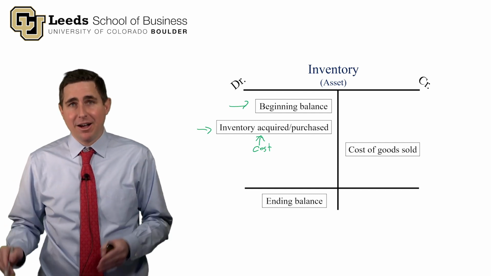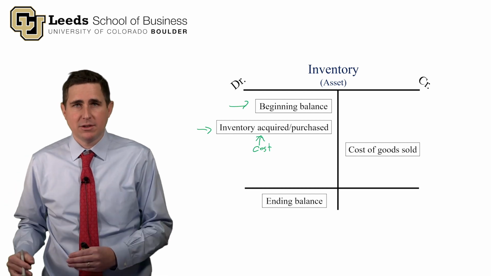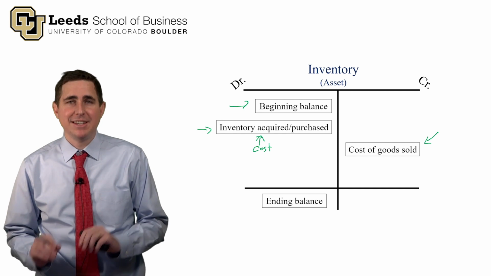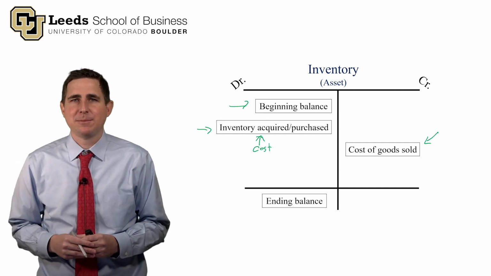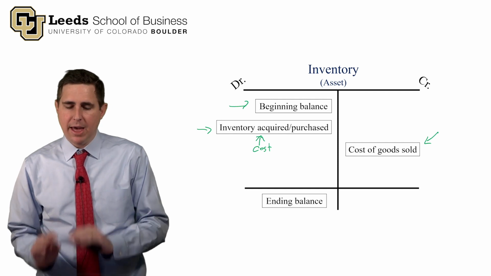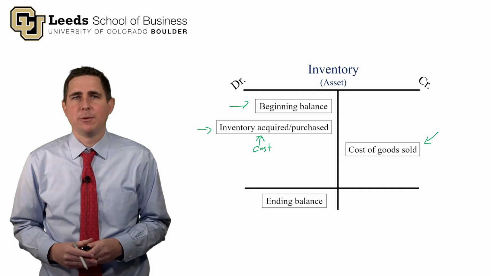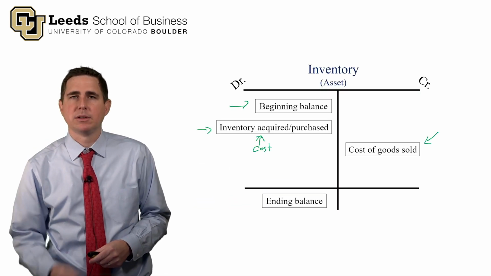Next, when we sell inventory, we will credit the inventory account, reducing it. So we'll credit inventory, there's the credit, and the debit is in the cost of goods sold income statement account on the income statement. Okay, so that credit reduces inventory for the cost of the goods that we sold. And also within this same box would be an impairment of inventory.